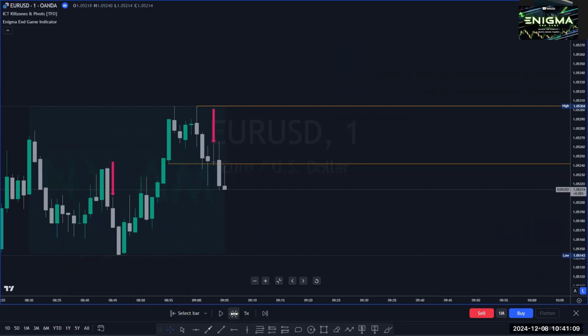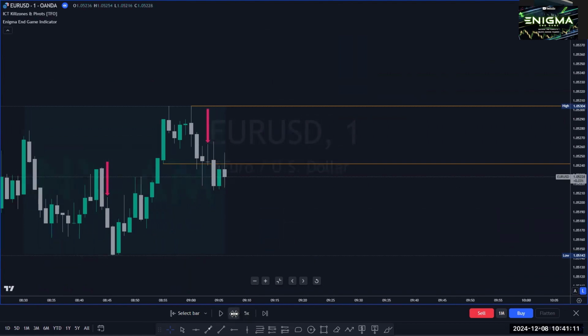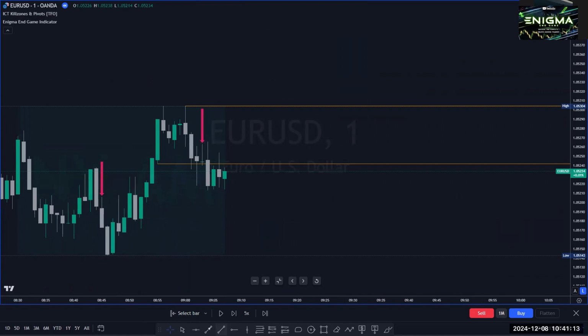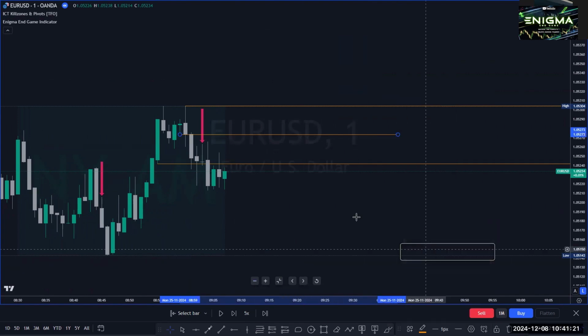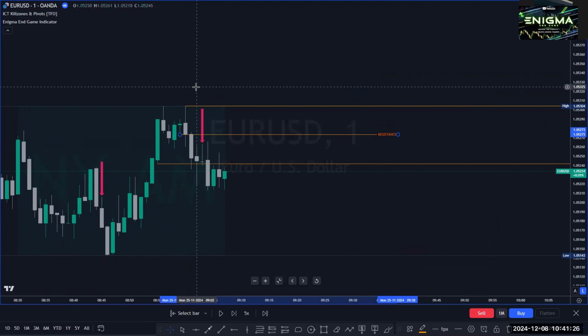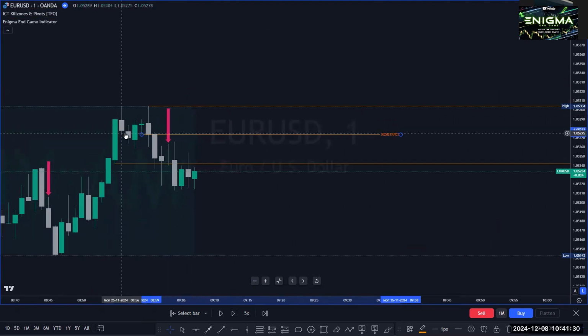Now, when the market pulls back above that level, then you're gonna find an area of interest to look for sell trades. So here, for example, that's a low, right? So that low is gonna be a level of resistance that was previously a support, because Enigma is the understanding that because price is fractal, each individual candle high and low is potentially a support and a resistance.